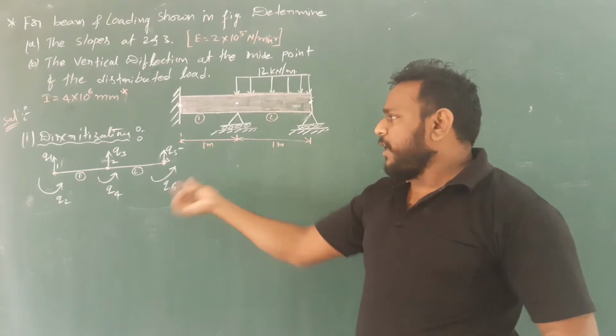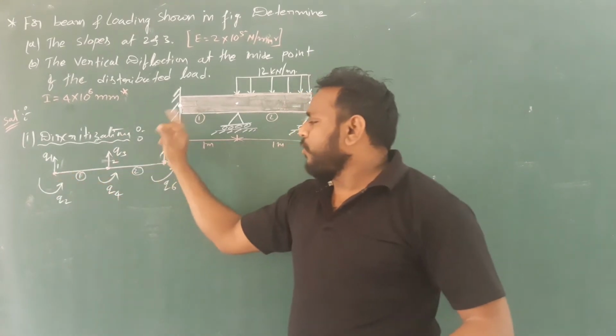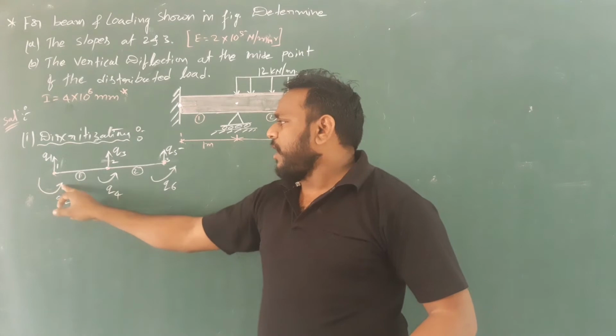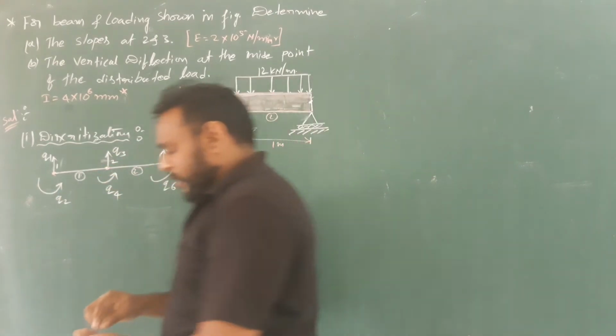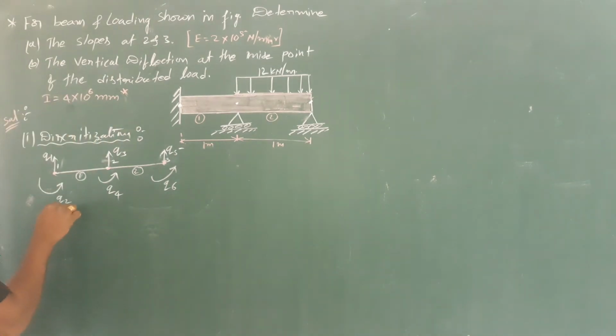Here one node has linear and angular, here also linear and angular, here also linear and angular. So we discretize each and everything here: element 1 with nodes 1 and 2, and element 2 with nodes 2 and 3. These are the discretization process.